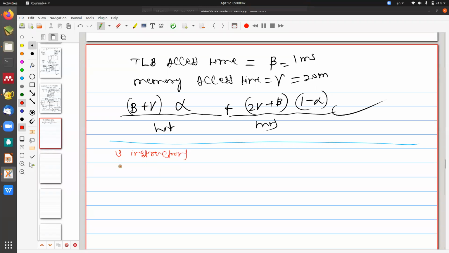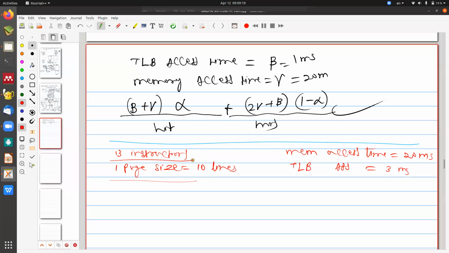One page size is equal to 10 instructions. Can you please find out the total time required to execute these 13 instructions if they are in a contiguous manner?